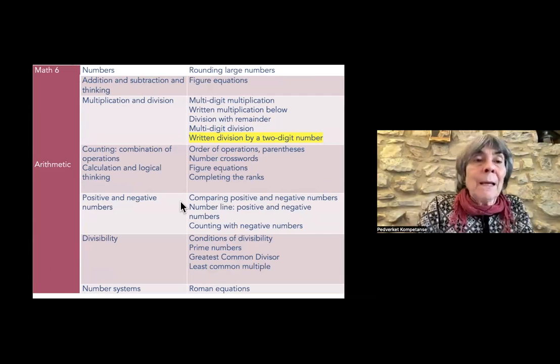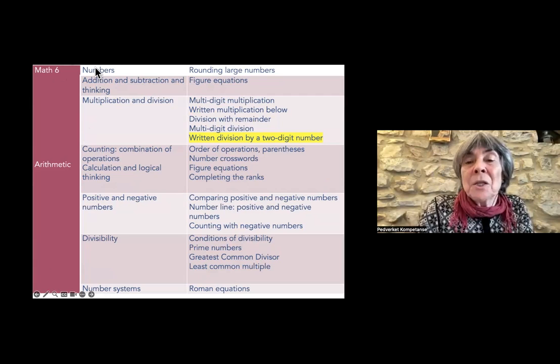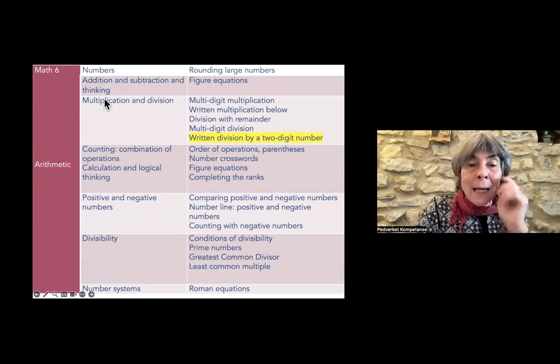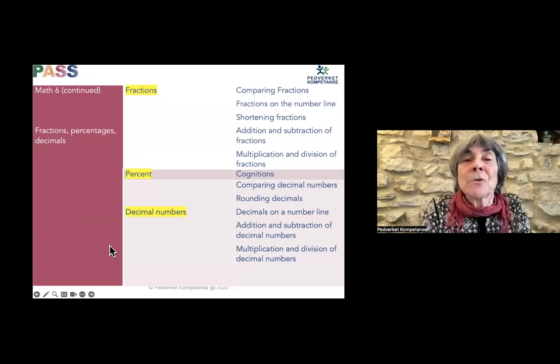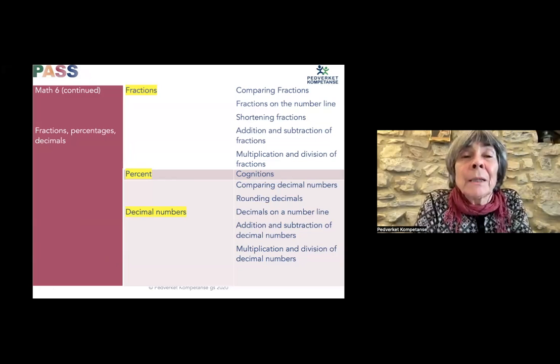In the 6th grade, as you can see, I put the yellow color on the written division by a 2-digit number. And we are going to put impact on fractions, on percent and decimal numbers.